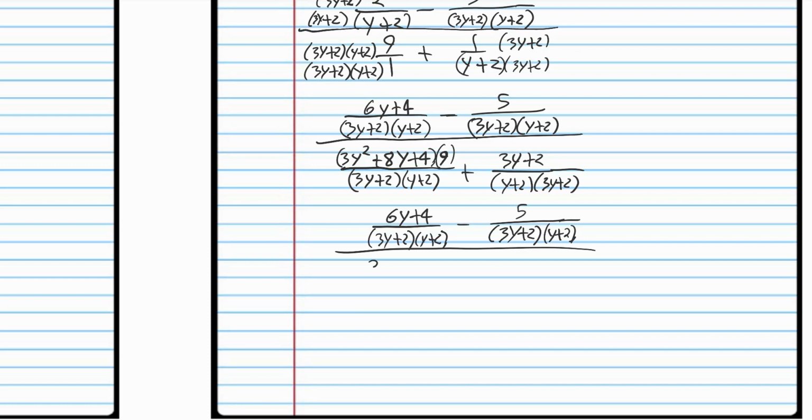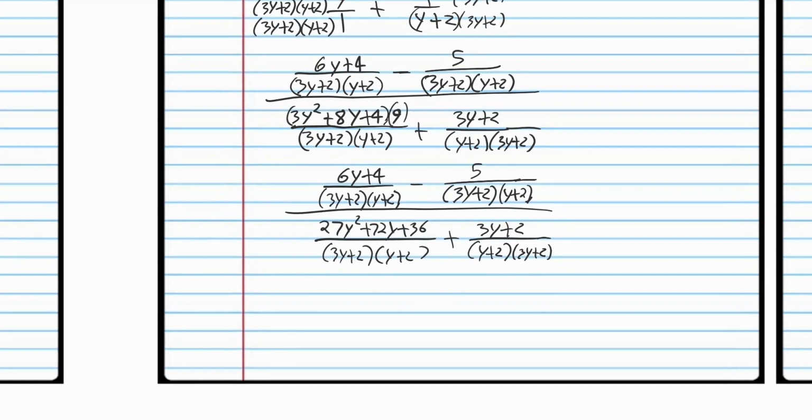So then we get 27y squared plus 72y plus 36. Everything looks right.